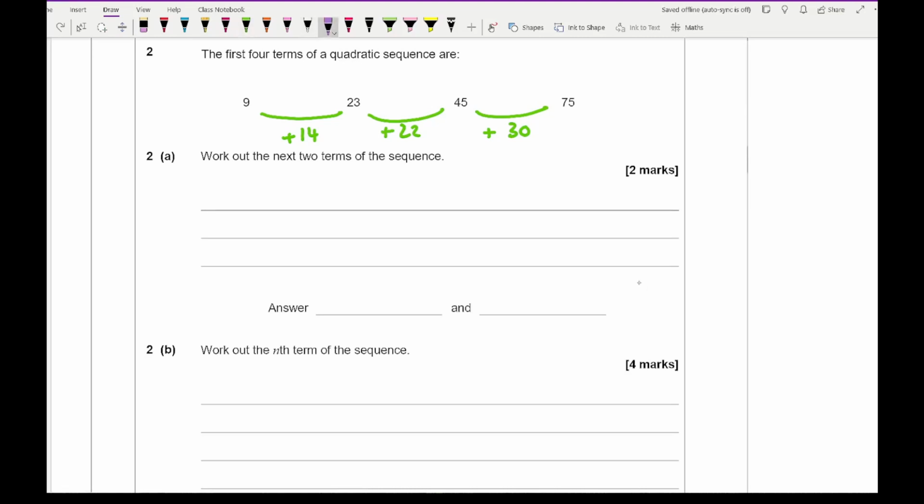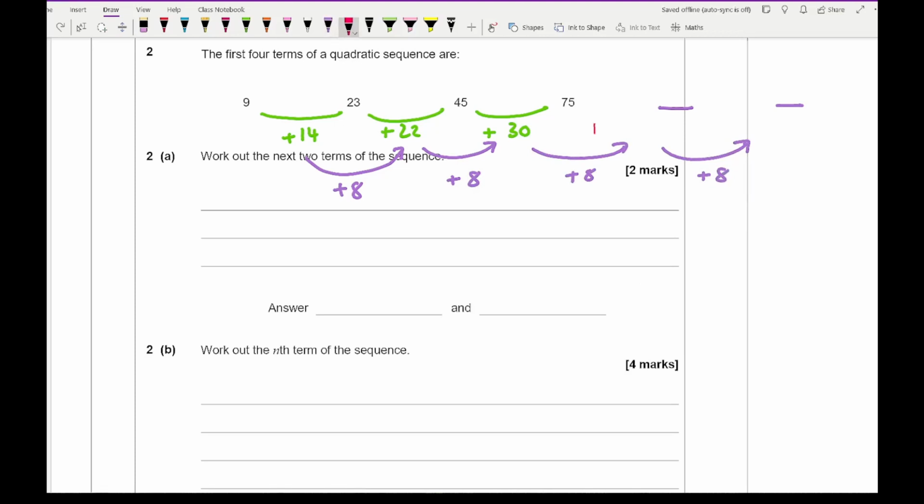So then looking at what the next 2 terms are going to be, well, I can see that the difference between 14 and 22 is going to be 8. Then we're looking at another 8. So the next difference is going to be plus 8, and the difference after that is going to be plus 8.